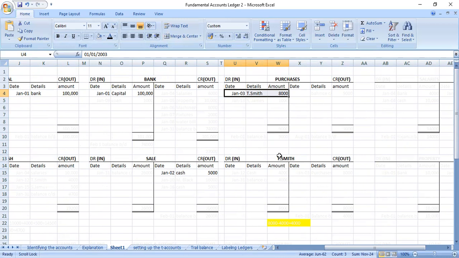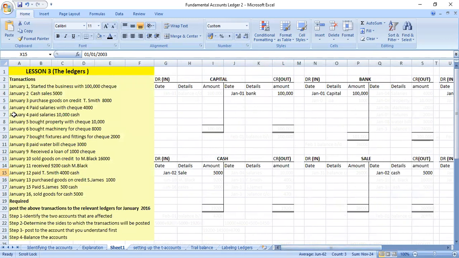Where are they coming from? Out of T. Smith's account. So on January 3, T. Smith sold $8,000 worth of goods to us, but we record it as purchases because it's our book. So we purchased those goods from T. Smith.